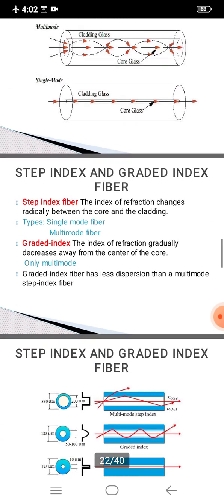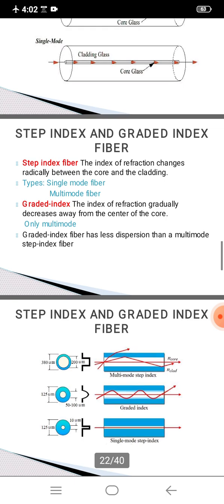Then third category is step index and graded index fiber. So depending on the variation of refractive indices of cladding and core as well as outer jacket, the fiber can be classified as step index and graded index fiber. So in step index fiber, the index of refraction changes radically between the core and cladding.